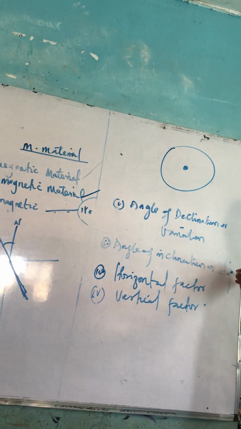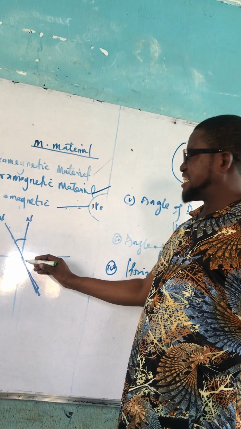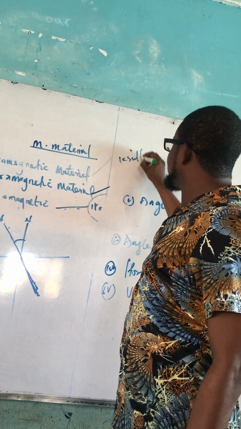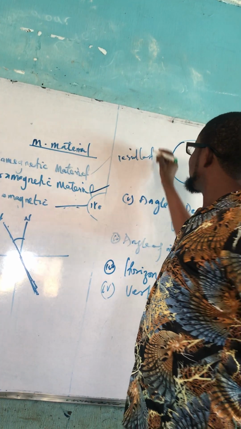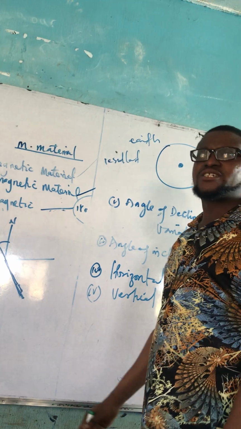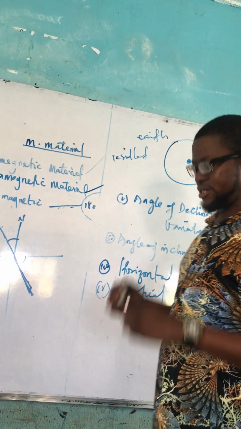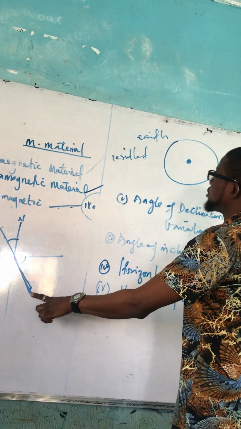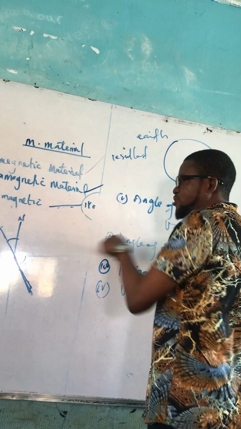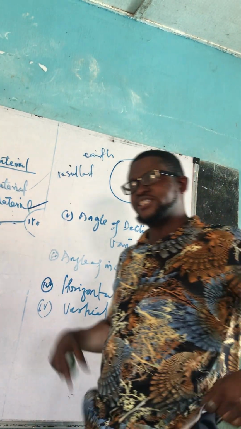So the definition is that the angle between the earth's resultant of the magnetic field and the horizontal is known as the angle of what? Inclination.